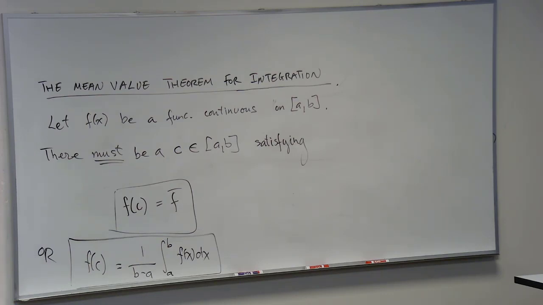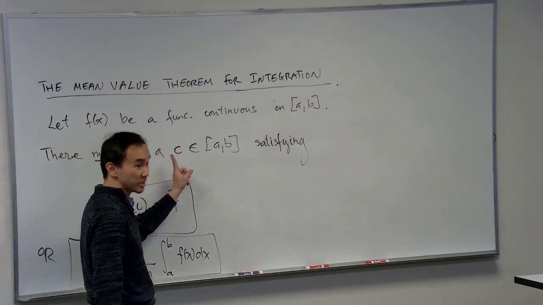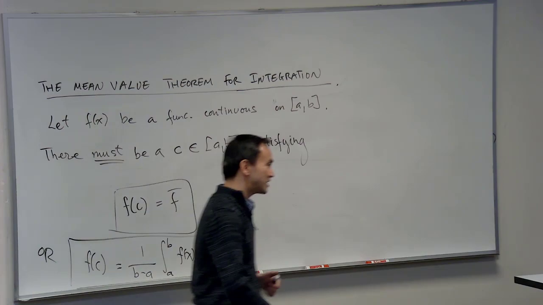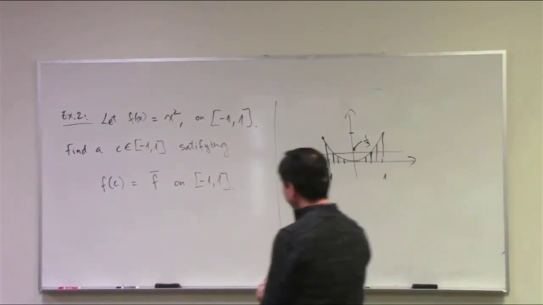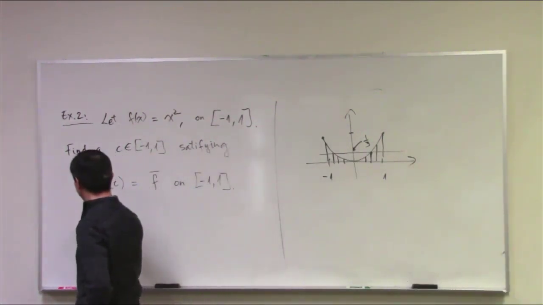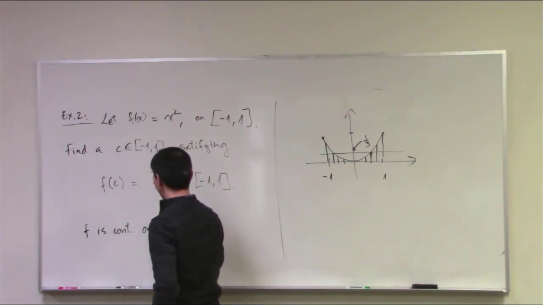This theorem is not naming out who that c value is, and that's why for this example right here, we can see that our function is continuous on the interval from -1 to 1. Do you guys agree?